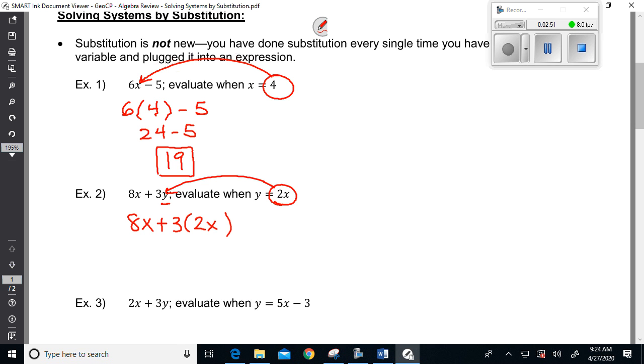And then we simplify it. 3 times 2x is 6x. 8x plus 6x is 14x. So remember, when you combine like terms, x plus x stays x. You do not make it x squared. All right.